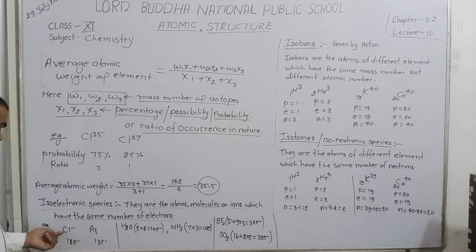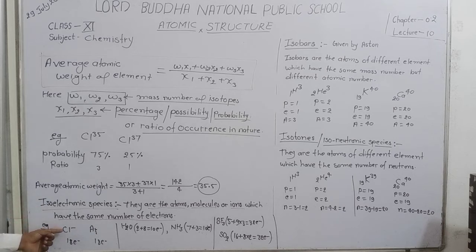You know that the atomic number of chlorine is 17, but here one negative charge is present on the chlorine, which means chlorine gained one electron from another atom.